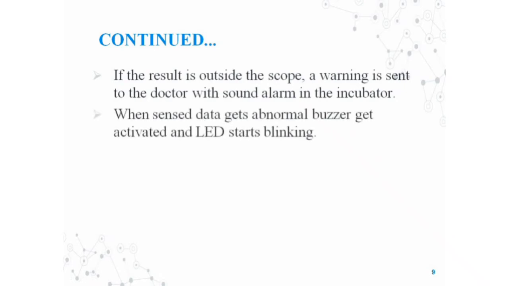When the sensor data gets abnormal, the buzzer gets activated and the LED starts blinking. Automatically, an SMS is sent to the doctor. If variation occurs in the result, it will immediately give an alert to the concerned doctor.